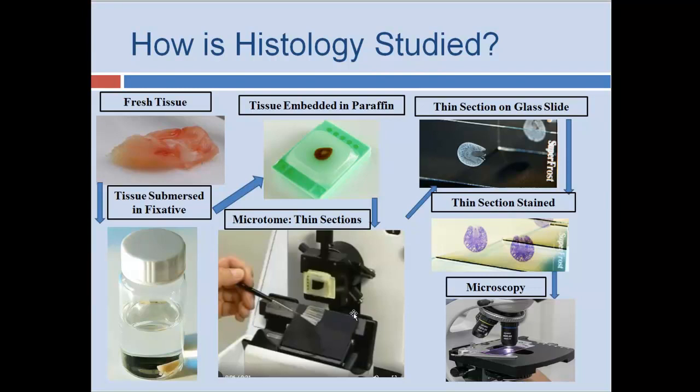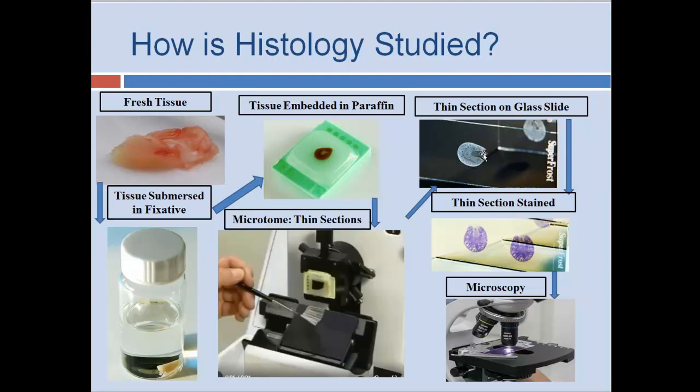Then you mount that paraffin block on a microtome and make thin sections. And then you float those sections on a warm water bath and put a glass slide under it, and then the specimen is on a glass slide, and you dry it.